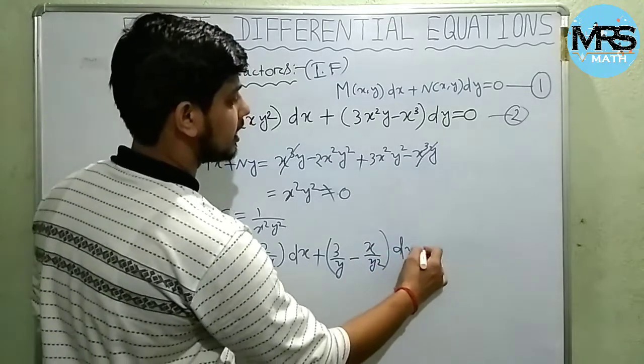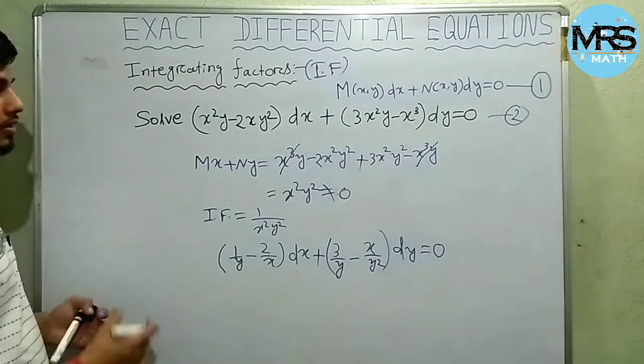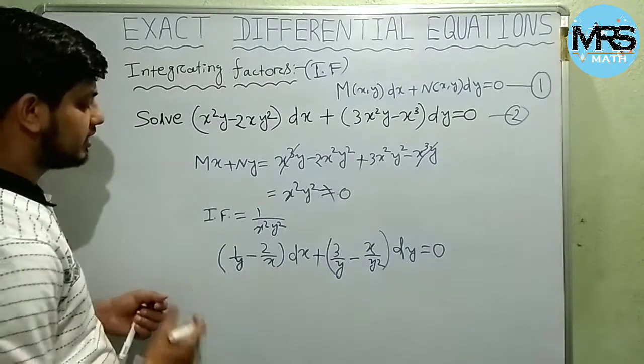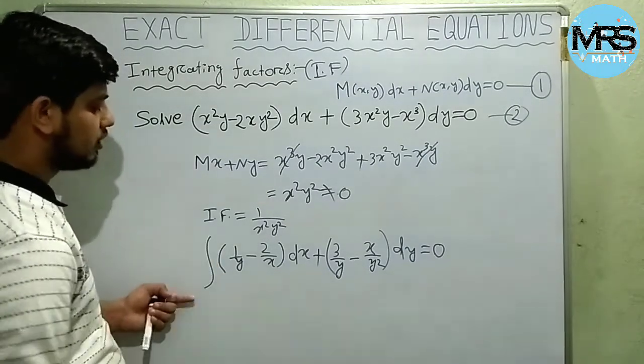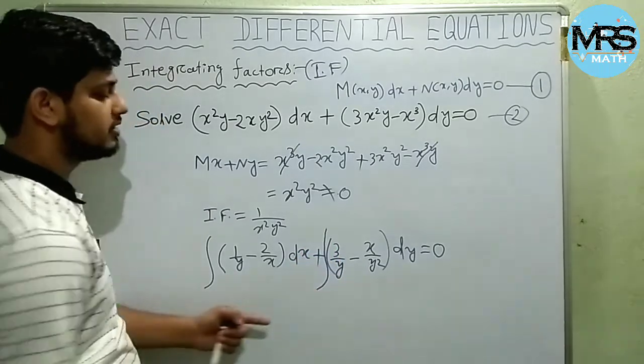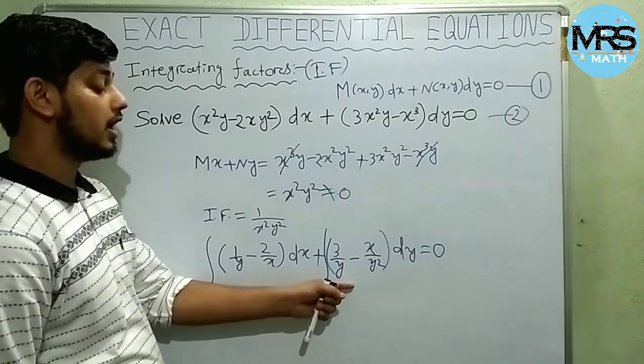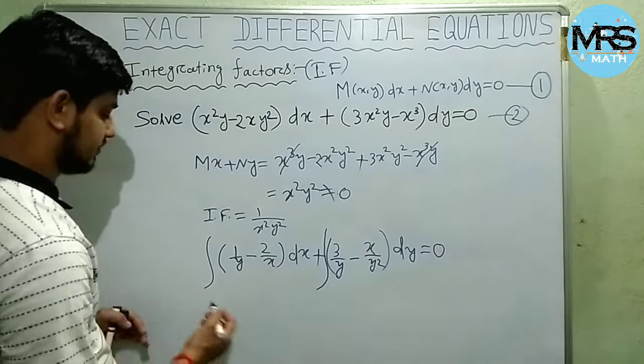equal to 0. Okay students, now we will apply the same method: this one we will integrate with y as constant, and this one we will integrate where it involves only y terms, meaning without x terms.